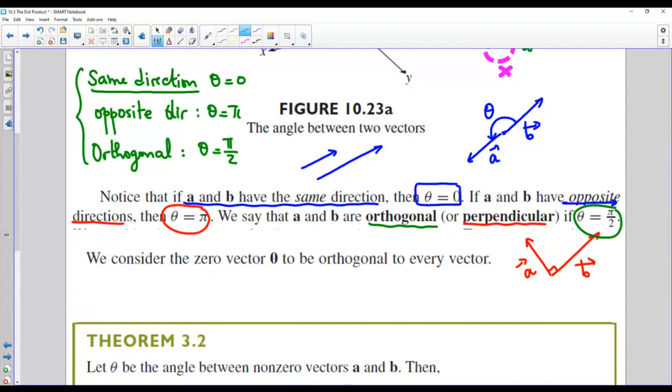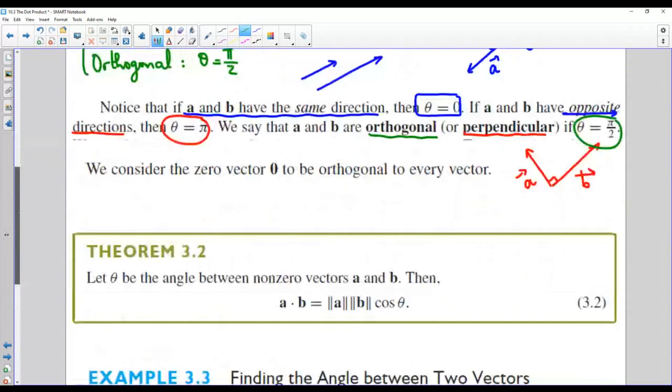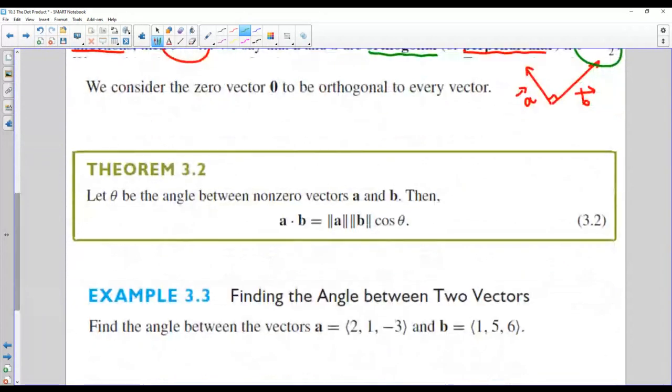The next step is actually we can write the dot product in terms of the cosine of the angle between them. So we have this formula. This one, you really need to memorize it, girls. You will need it quite a lot.